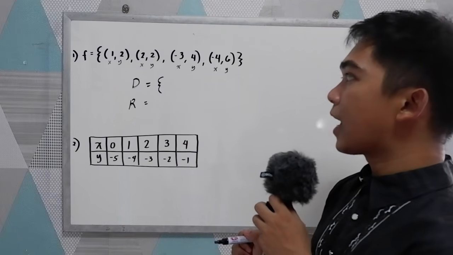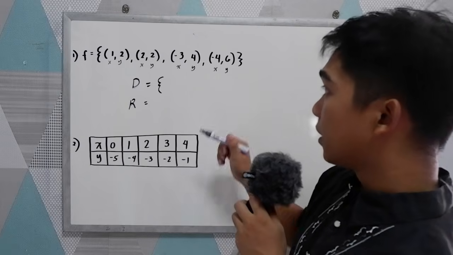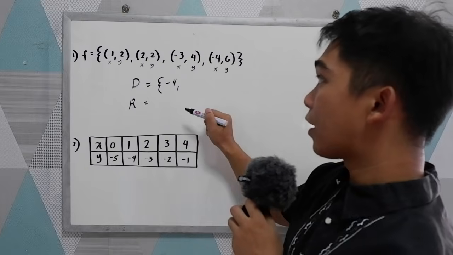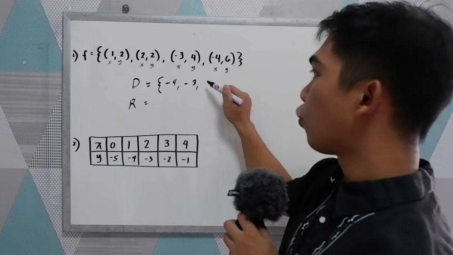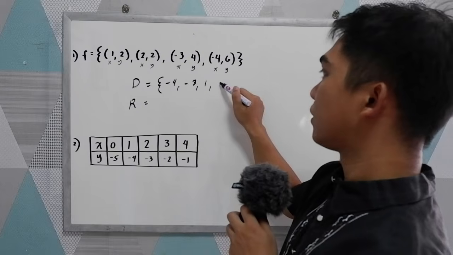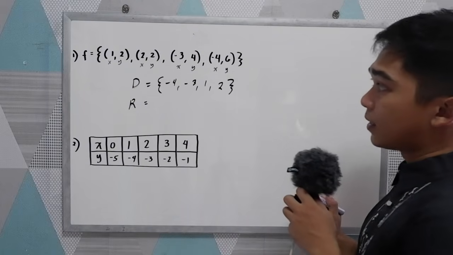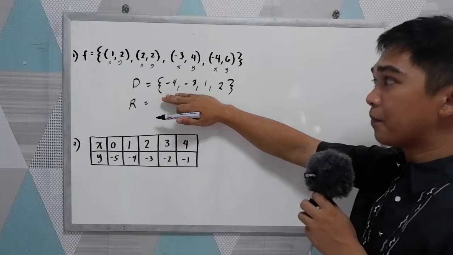Following our number line, we must start with the least number or the smallest number. In here, we have negative 4 followed by negative 3, then 1 and 2. These numbers are our domain.